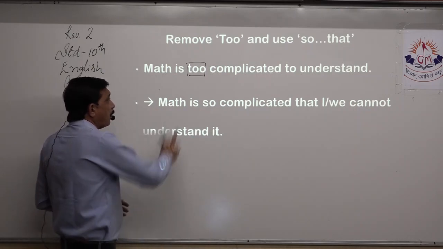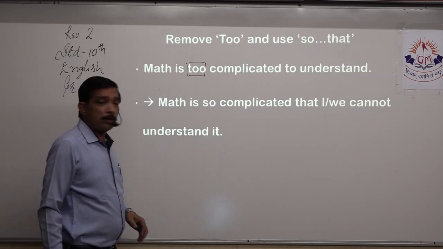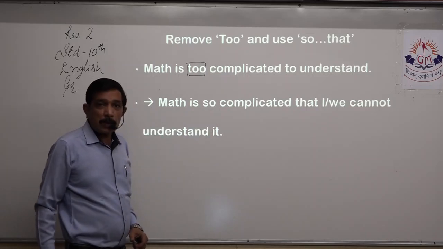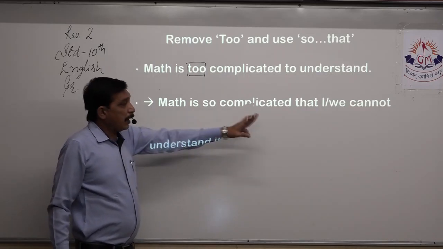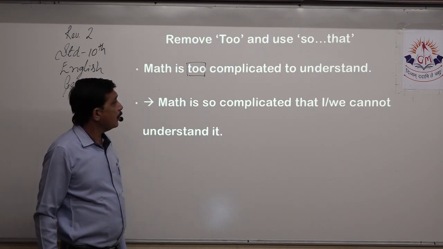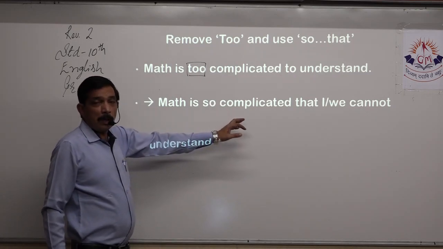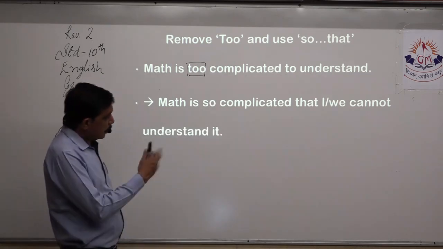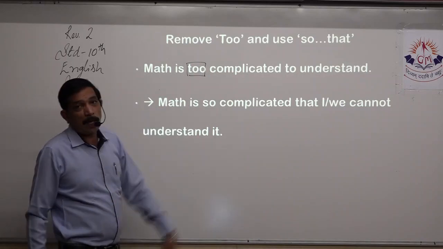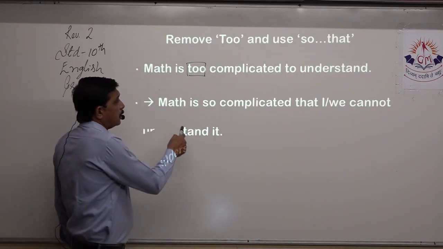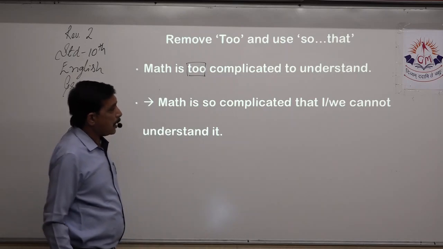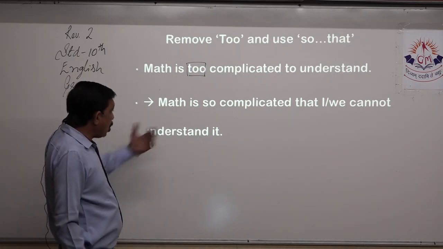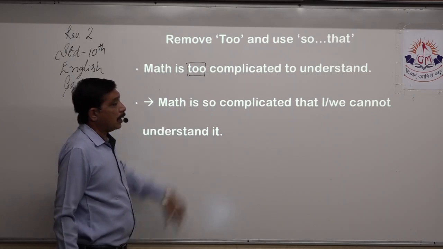Now from where we have removed to, that same place we have to add so, followed by the object, that is complicated. After that we will add that. Math is so complicated that I or we cannot understand it.